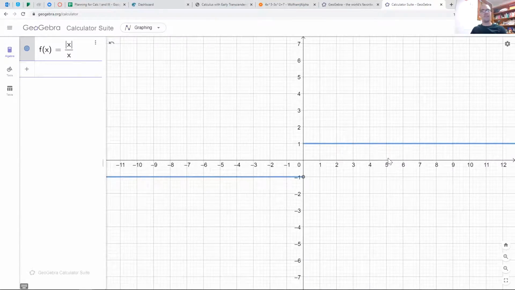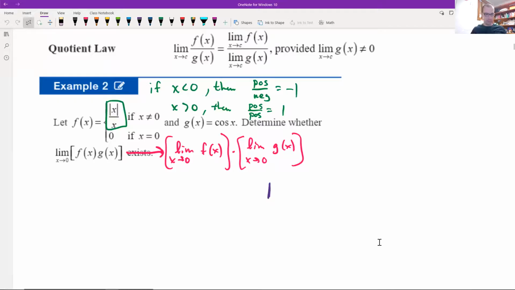And so the left-hand limit does not match the right-hand limit, meaning that the overall limit for f of x does not exist. And therefore, does not exist times 1. Now, the whole thing does not exist because one of the parts of the limit fails to exist.